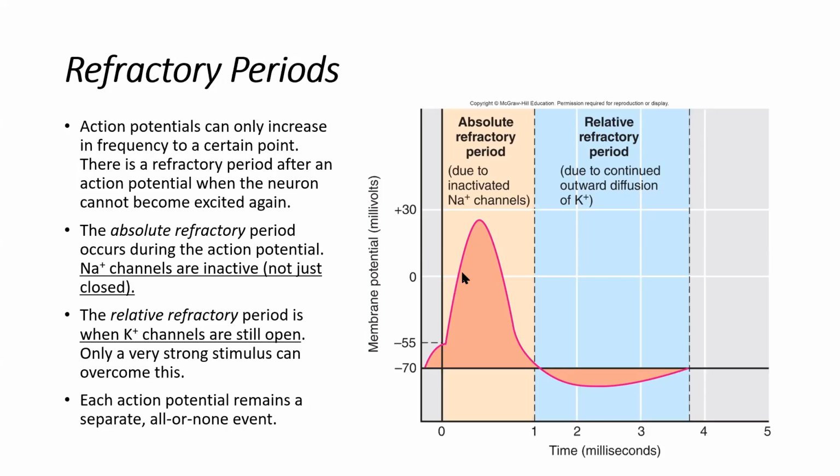So for example, this is how we appreciate different stimuli. The difference between a really loud sound or a high-pitched sound and a low-pitched sound or a quiet sound is the difference in the frequency of action potentials. Another example that we'll look at when we get to skeletal muscle: if I'm lifting a very light object like a piece of paper, I'm going to be calling on maybe 1 or 2 neurons innervating that muscle.